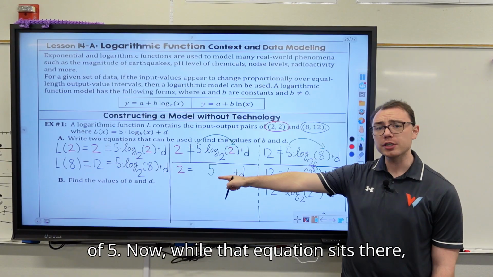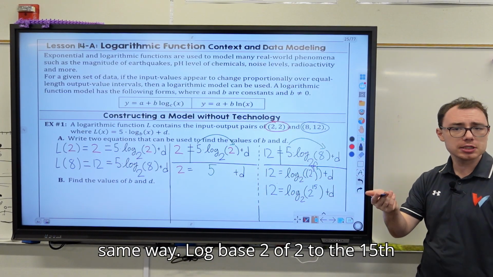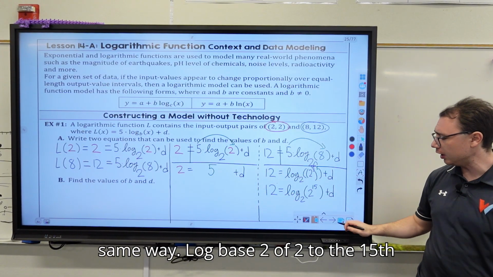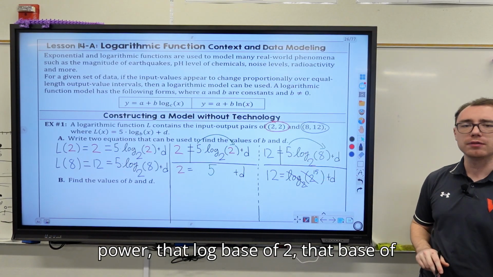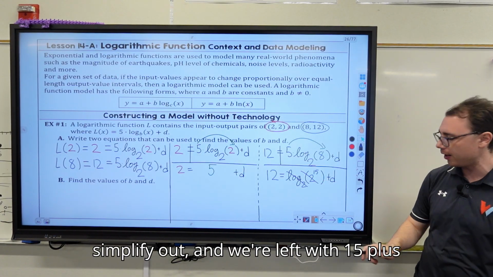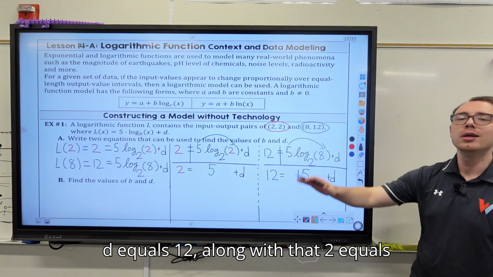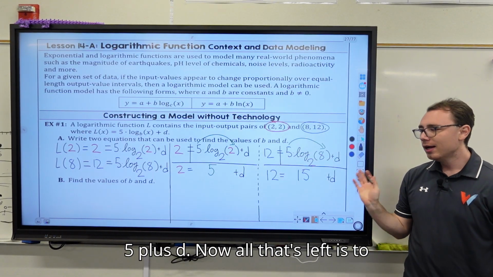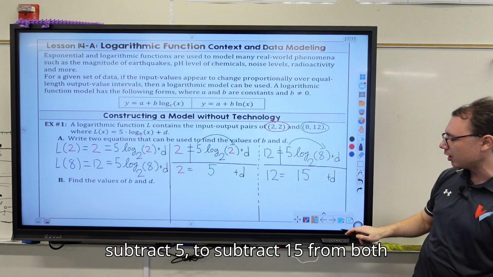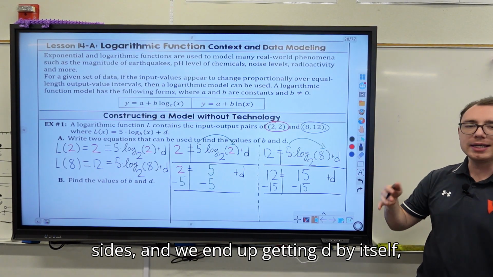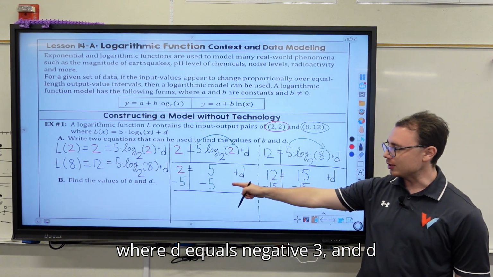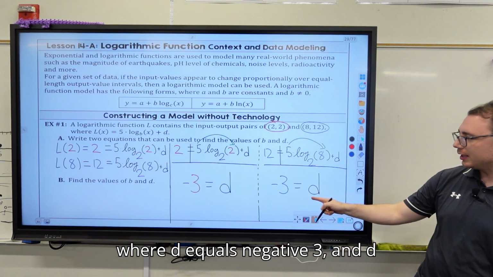While that equation sits there, we're going to solve this one out the same way. Log base 2 of 2 to the 15th power, the base of 2 and the base of the exponent simplify out, and we're left with 15 plus d equals 12, along with 2 equals 5 plus d. Now all that's left is to subtract 5 and subtract 15 from both sides, and we end up getting d by itself, where d equals negative 3, and d equals negative 3.